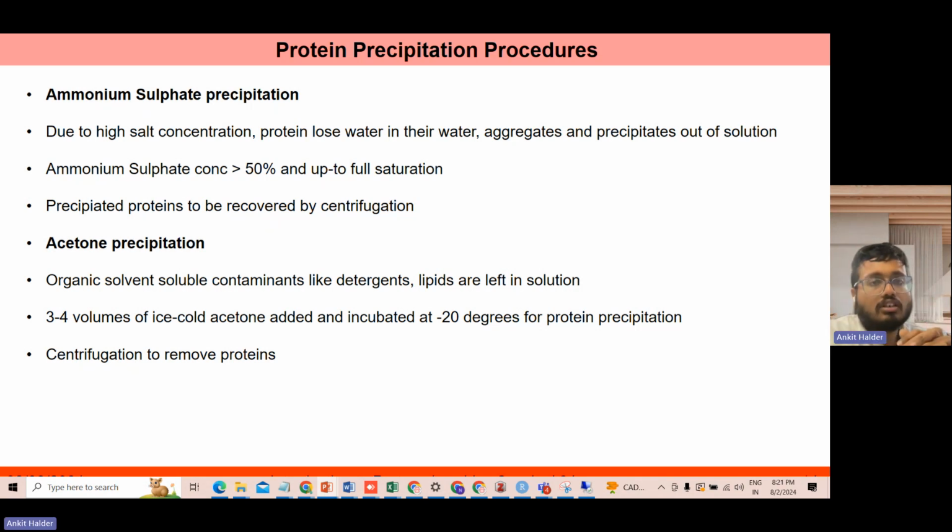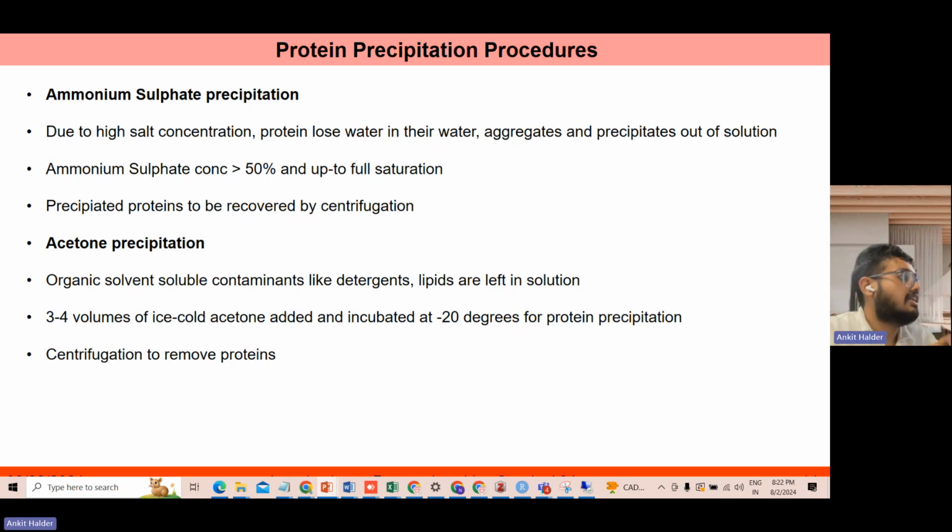So ammonium sulfate concentration needs to be given up to greater than 50%, and the precipitated proteins are recovered by centrifugation. Once the proteins are precipitated out, they will be recovered by centrifugation.